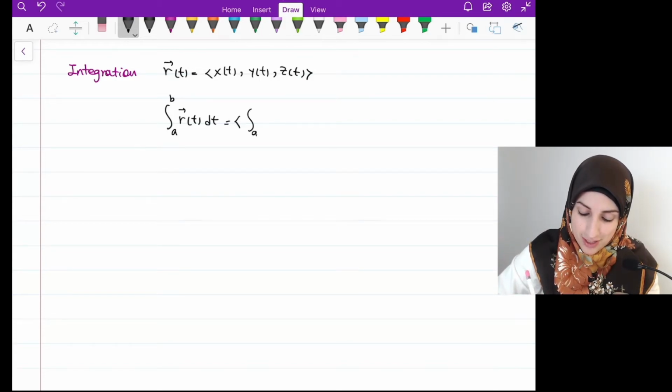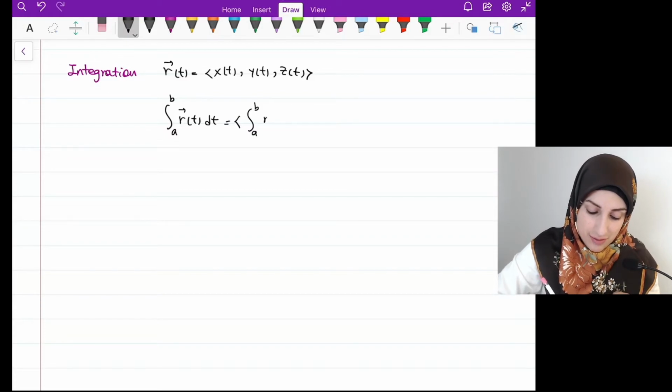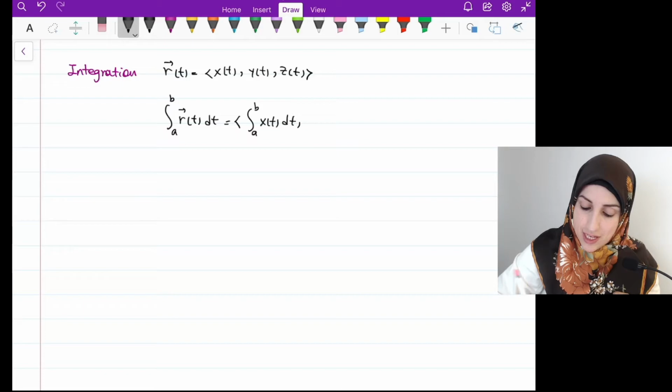It would be the integral of x of t dt, the integral of the second component, and then the integral of the third component.